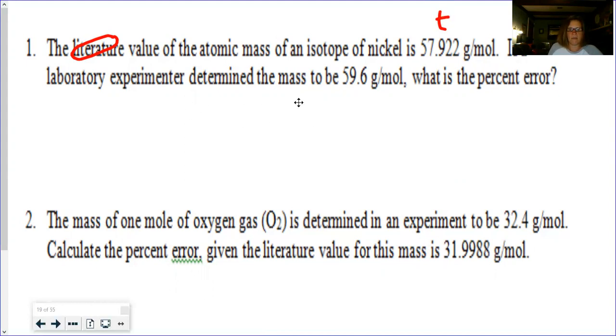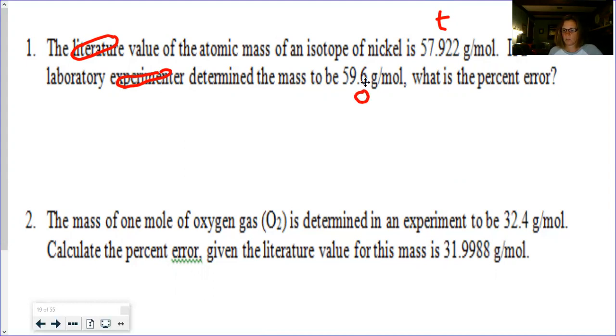Okay, in a lab, if a lab experimenter, okay, so here's some key words, lab and experimenter, determined the mass to be 59.6, so they observed 59.6. What is the percent error?